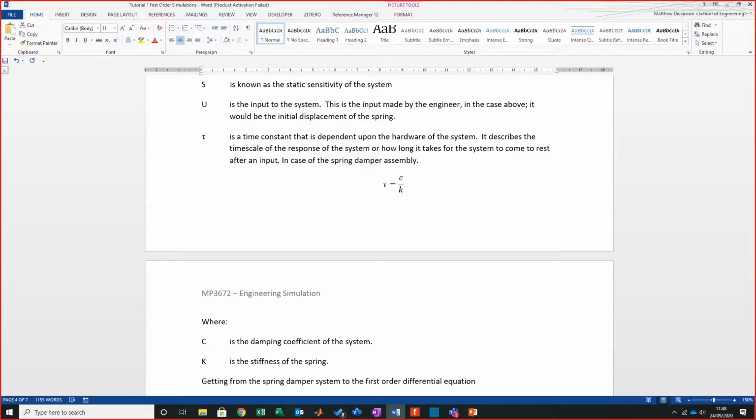Our time constant is a mechanical variant based on the damping and the spring stiffness, known as the time constant, and obviously C and K being damping and stiffness. For a first order system, the zeta value does not apply in this case. Zeta, for anybody who doesn't know, is a damping coefficient when you rise to second, third, fourth, fifth or sixth order systems.